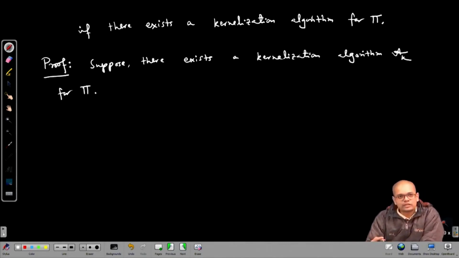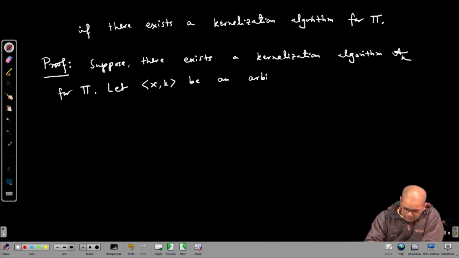Using this we will design an FPT algorithm for pi. So let (x, k) be an arbitrary instance of pi.